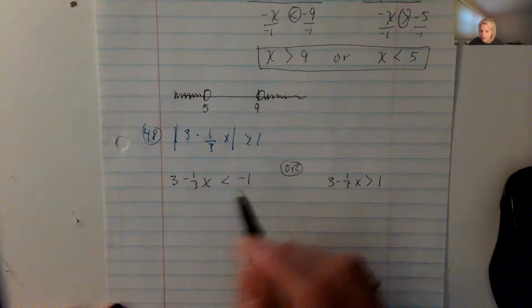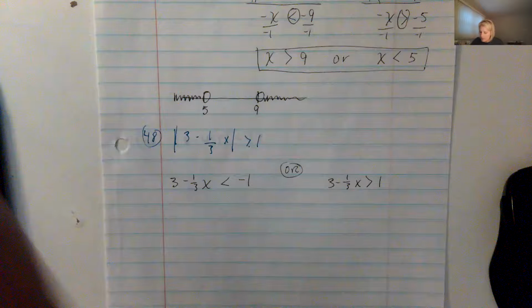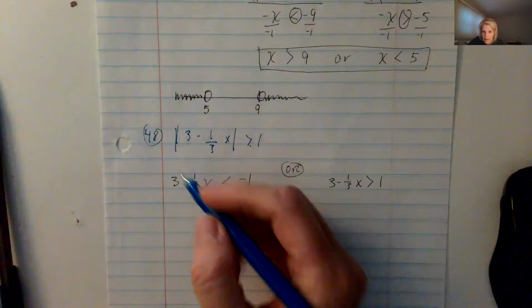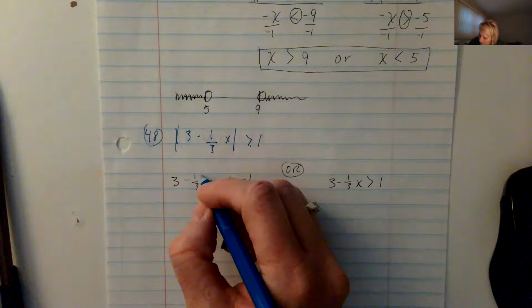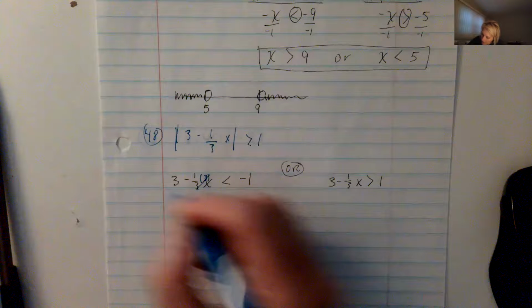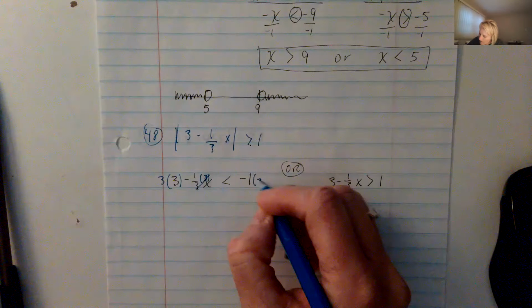To eliminate our fractions, we are going to multiply all 3 terms, or both sides of the equation, by 3 because of this denominator 3, it will cancel out. If we multiply this by 3, it cancels. So we have to multiply the 3 by 3 and the negative 1 by 3.